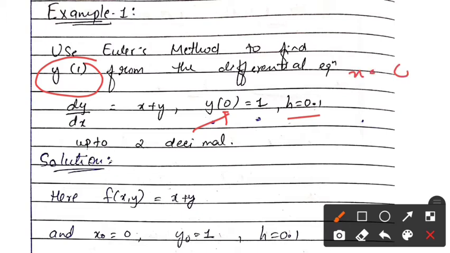You have to go up to 1. Starting from 0, this is your initial value and this is your final value. So you have to go up to x equal to 1 and you have to take the interval 0.1.